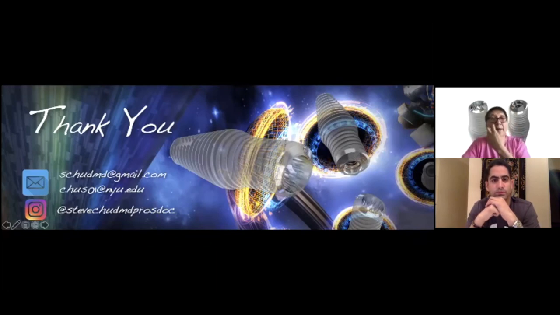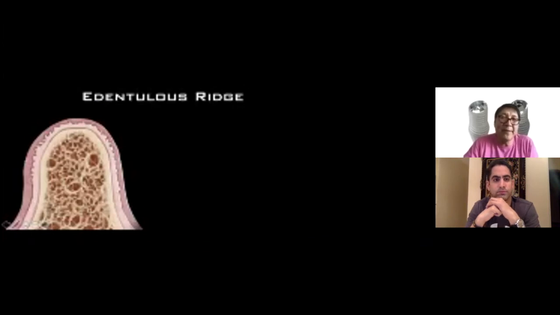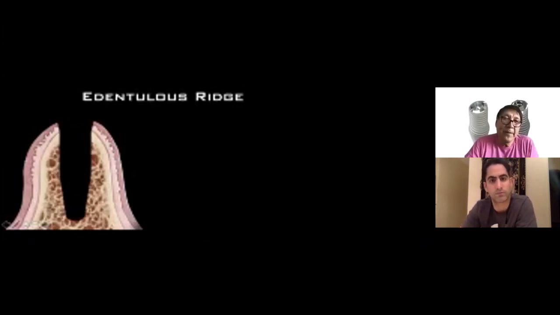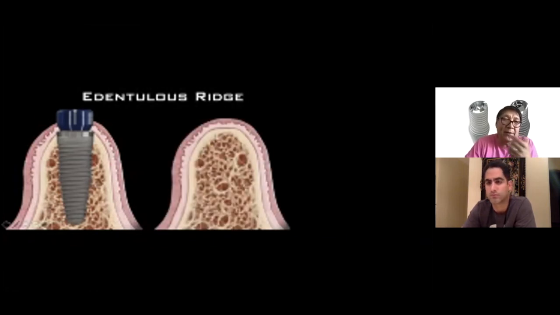So this was the original intent. You're going to drill a hole into a healed ridge, and then you're going to place an inert object in the hole that depends on the surrounding bone for healing, provided that you have enough volume still around this area, which is fine. If you have enough volume, you could use any design you want.